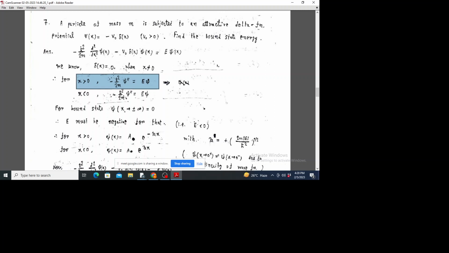Suppose you did not know about these two criteria that you have just mentioned, like the global minima criterion and the V at plus minus infinity criterion. For this particular problem you can invent them independently also.